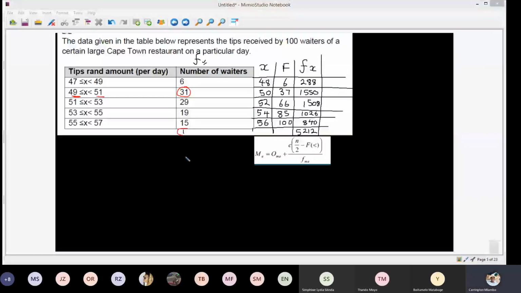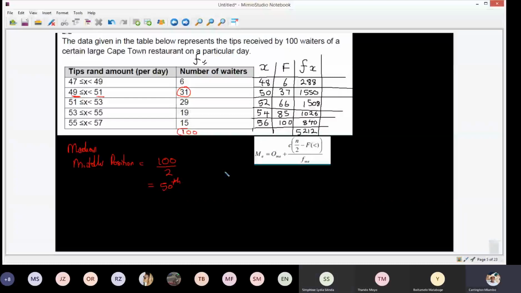What is the first step when you look for the median? It is to find your middle position. What is the middle position in this case? How many items do we have? We saw that we have 100, so 100 divided by 2, what do you get? 50th position. That's what we want to look at. On which interval does position number 50 lie? Find out quickly. You don't need 2 minutes to find it.